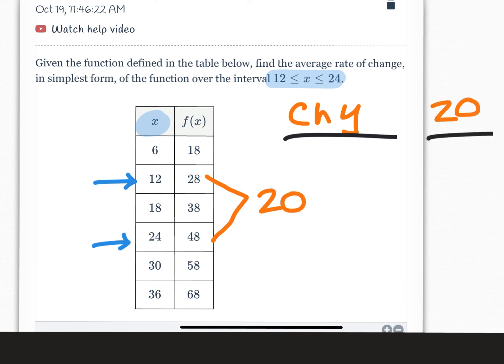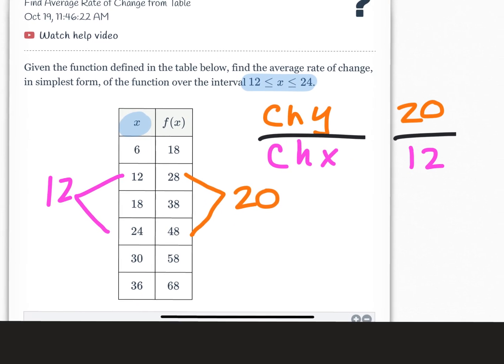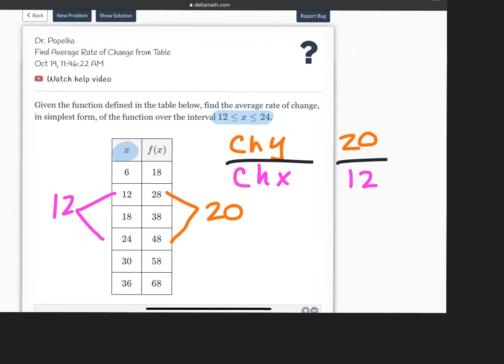Because it's an increase. And then my change in my x values, or my delta x is another way to call it, from 12 to 24. 12, and it's an increase. So 20 over 12, what's a number we can divide both 12 and 20 by? 2. So we'll do that. That'll get us 10 over 6. Is that simplified all the way? No. What else can I do?